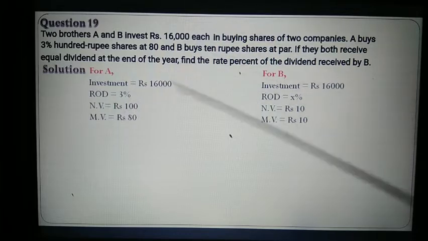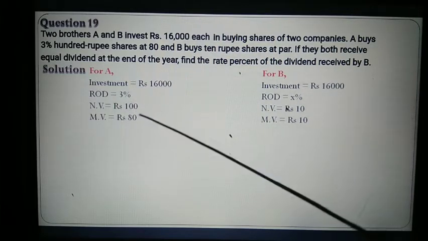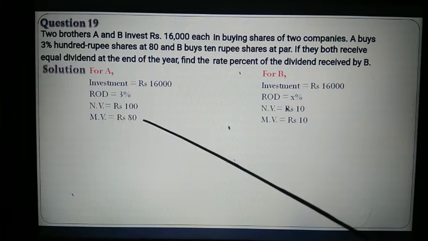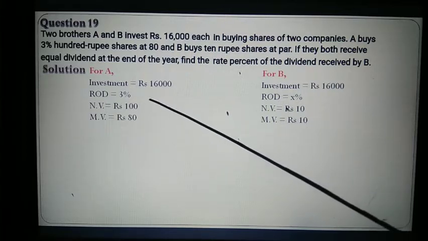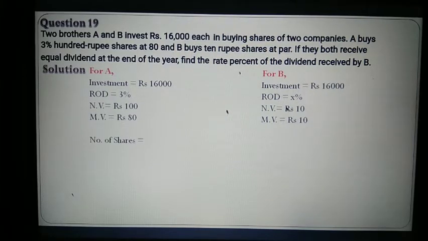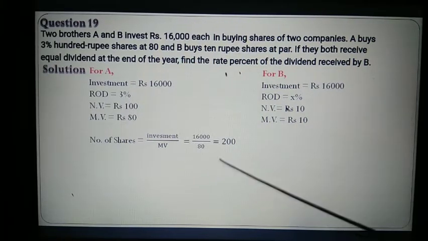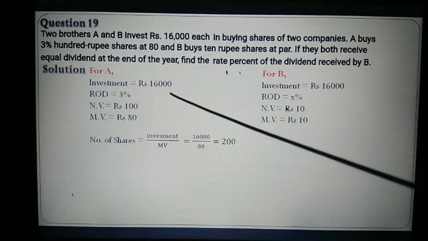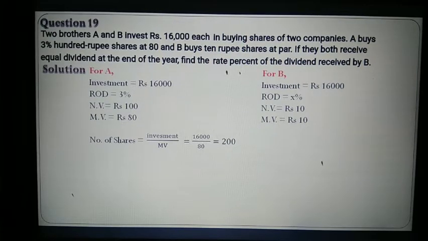For the first case, we don't have number of shares, so first we will calculate number of shares. Number of shares will be investment by market value. So investment is 16,000 and MV is 80. So number of shares for A is 200.